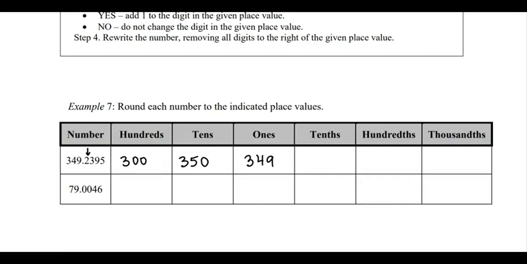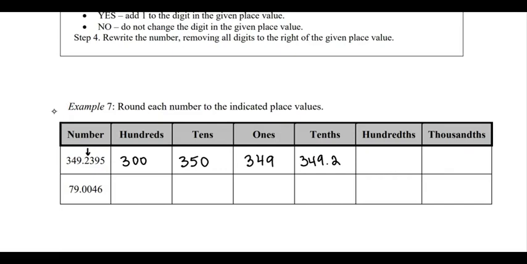Then you double check the next digit, which is a 3. That means the 2 stays the same, no additional digit needed. So we have 349.2. We do not need to fill the rest of the decimal with zeros. We just drop them.